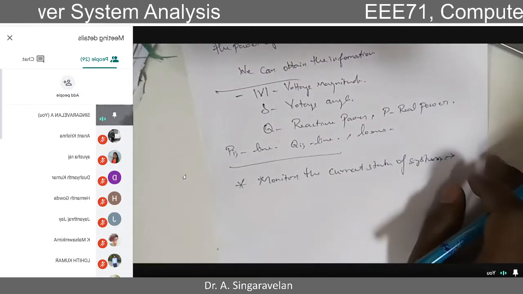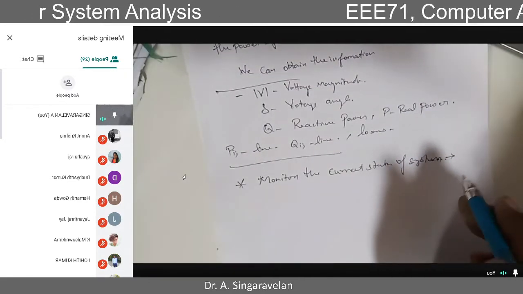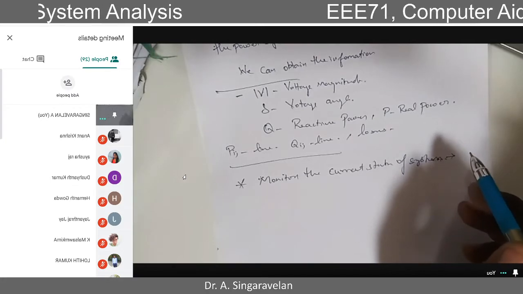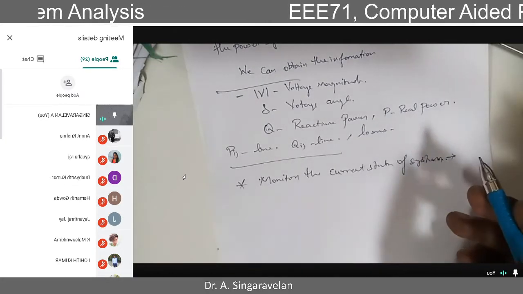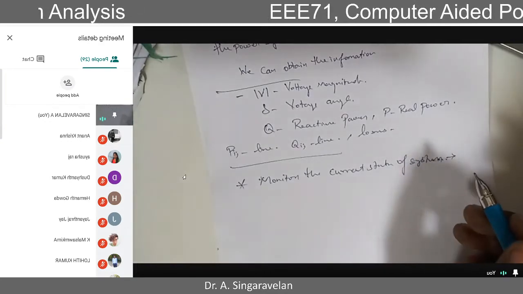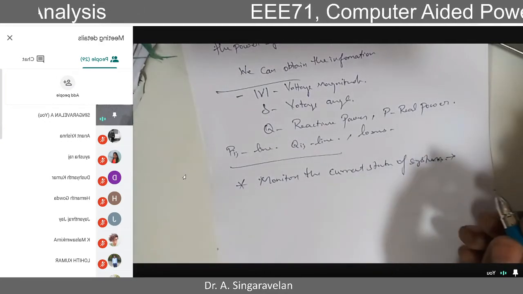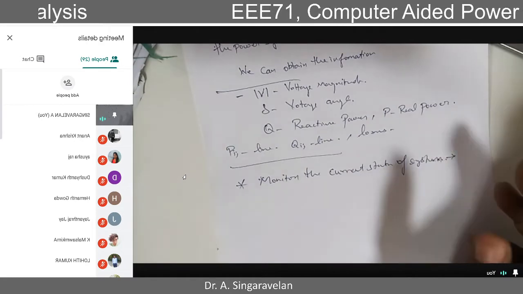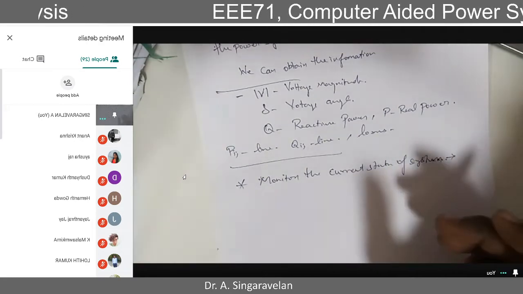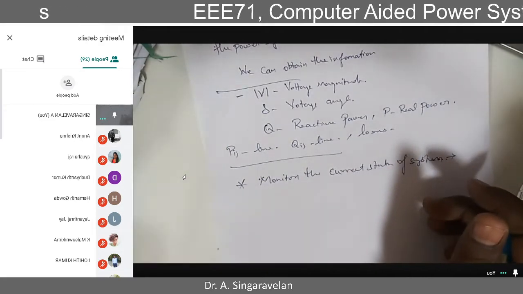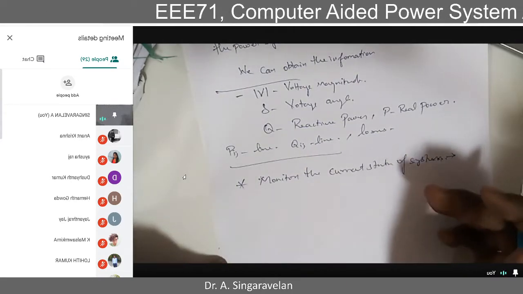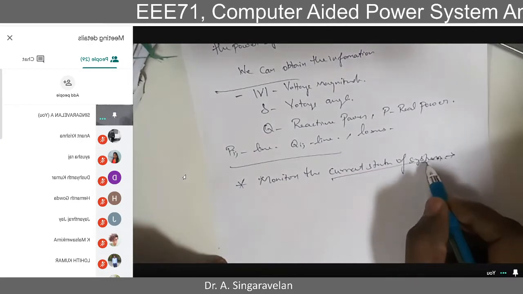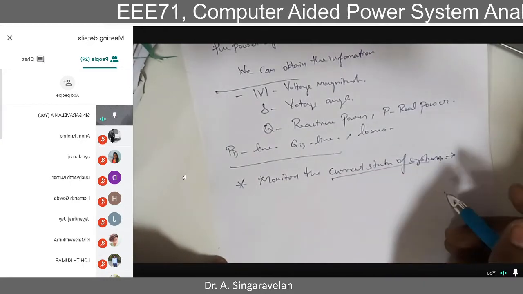For example, in India, we have a national load dispatch center. From that national load dispatch center, we have around 5 regional load dispatch centers, like southern, northern, eastern, western, and northeastern. These are the regional electricity boards. Sometimes the national load dispatch center will give information about the current state of the system to the regional load dispatch centers.